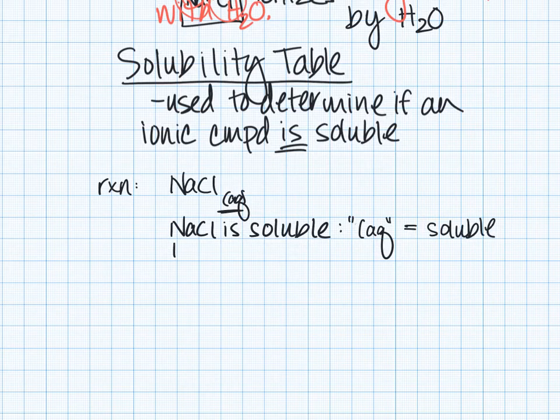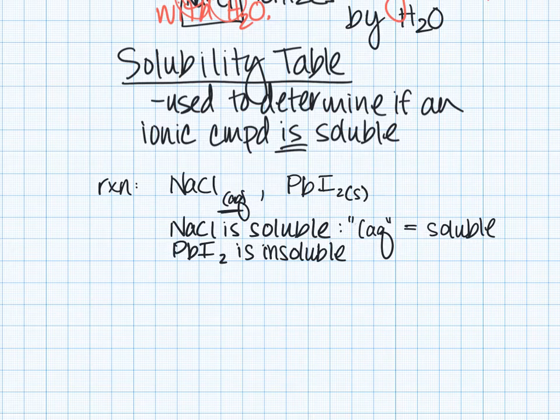If you see something like, for example, a reaction that has lead(II) iodide and you see s for solid, and this reaction is taking place in water, then you can conclude that lead(II) iodide is insoluble. So if this reaction is taking place in water and you see that s, that means solid, therefore s is telling you that that compound is insoluble in water.